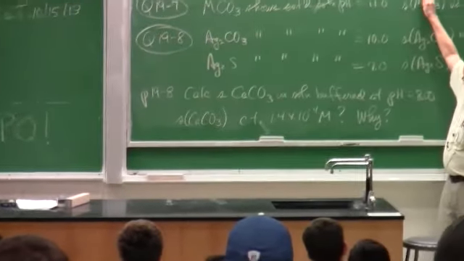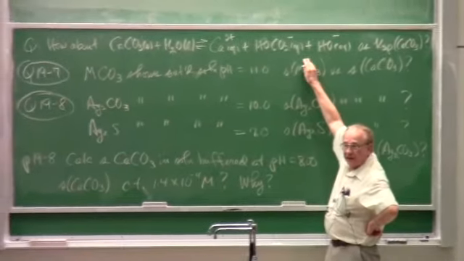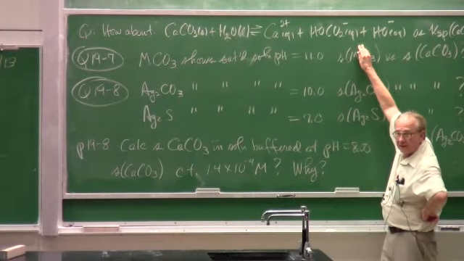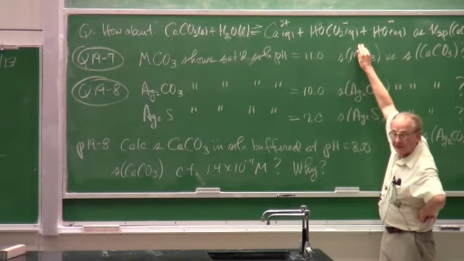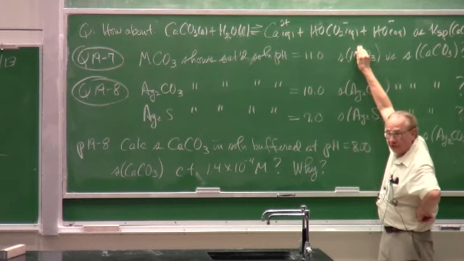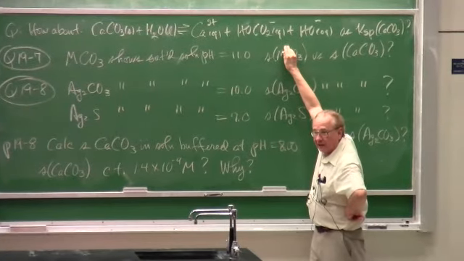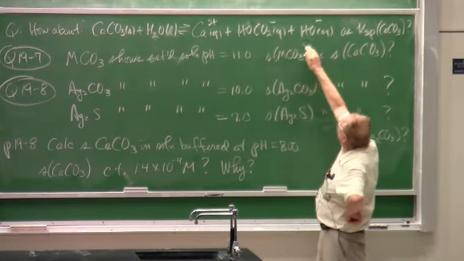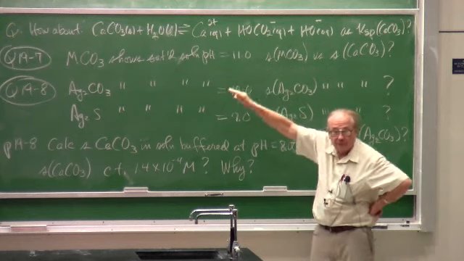Could I use this reaction equation and calculate its value and call that KSP for calcium carbonate? Does this in fact not state directly the chemistry that occurs when calcium carbonate is dissolved in water? Because this reaction shows the carbonate hydrolysis directly. It shows the production of hydroxide ion and bicarbonate ion.